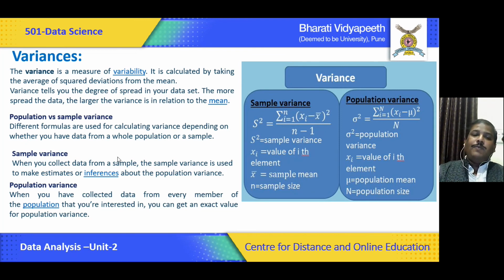For example, by observing a few animals, I am predicting the whole animal population's characteristics. That's the point. Now population variance: when you have collected data from every member of the population that you are interested in, you can get an exact value of the population variance. Here the point is, I'm not eliminating anyone.